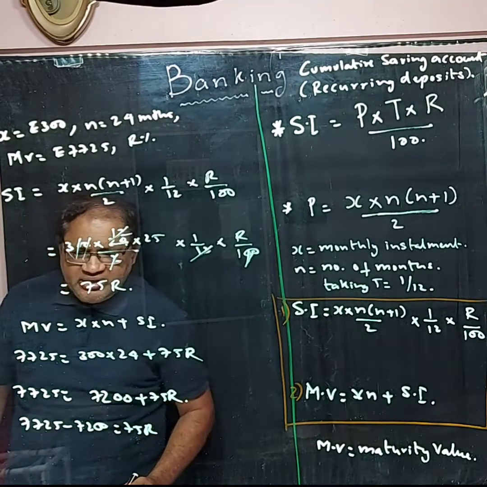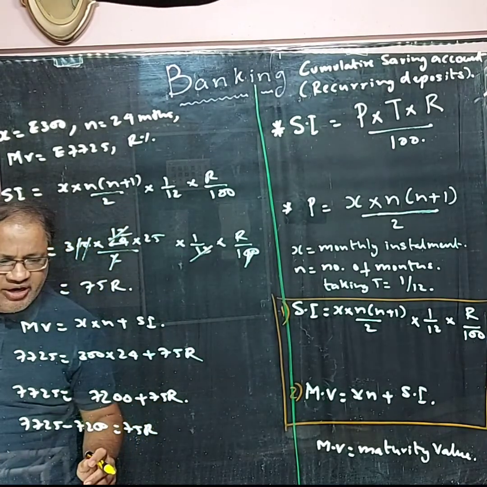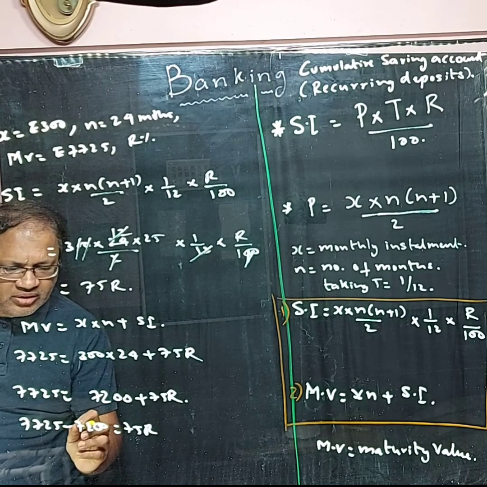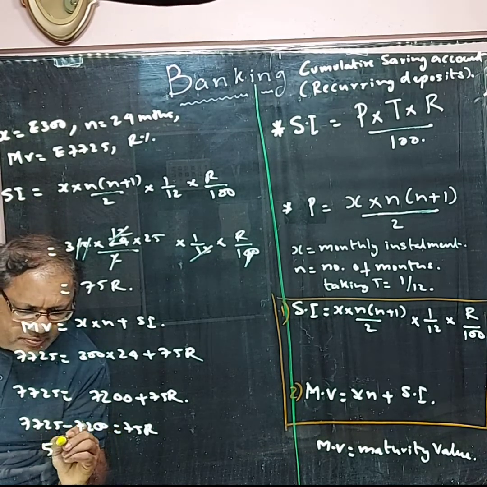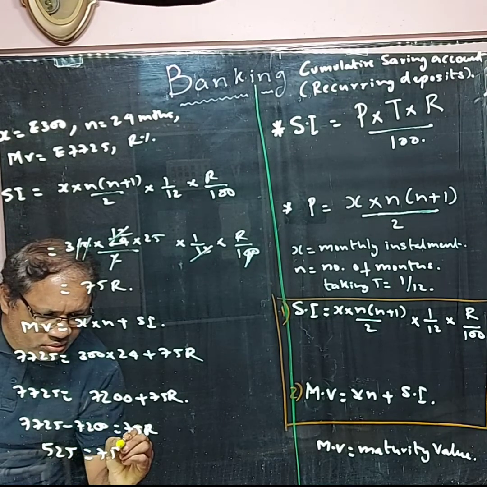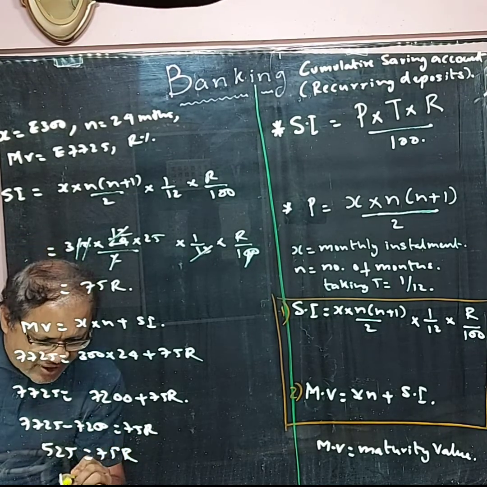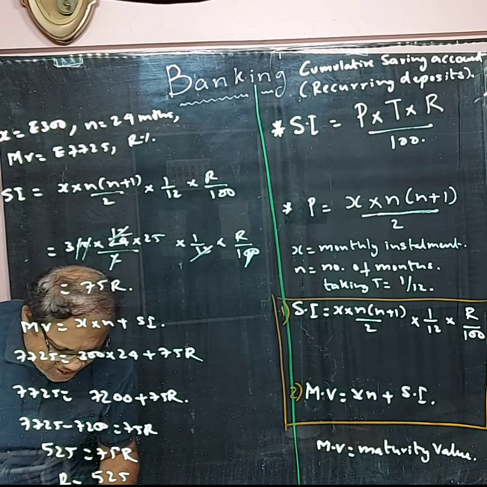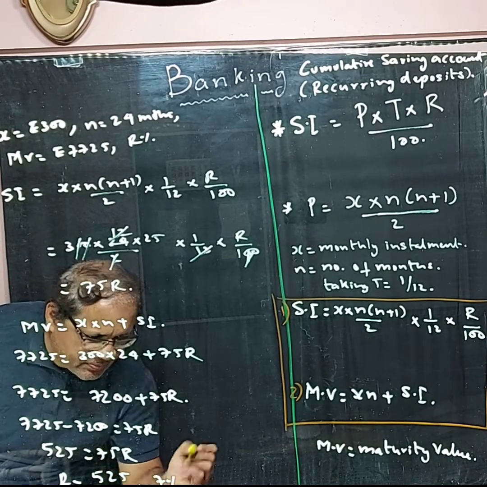So if you subtract this, it comes to 525, which is equal to 75R. R is equal to 525 upon 75. So that is coming to 7%.